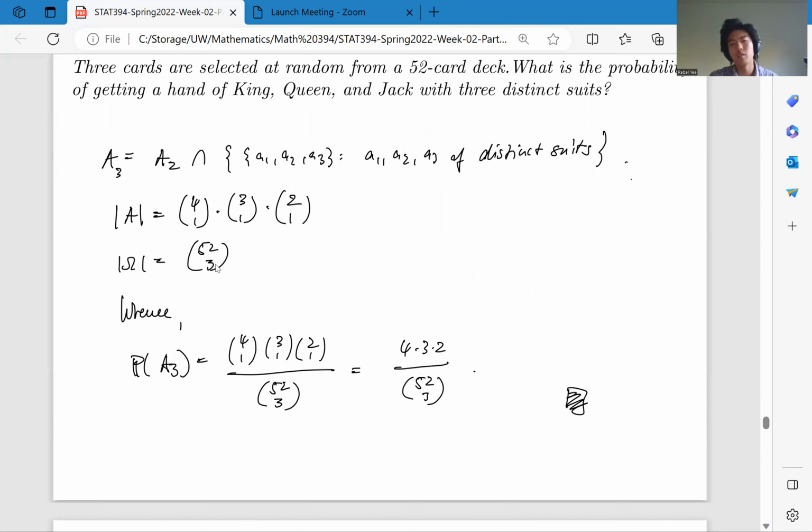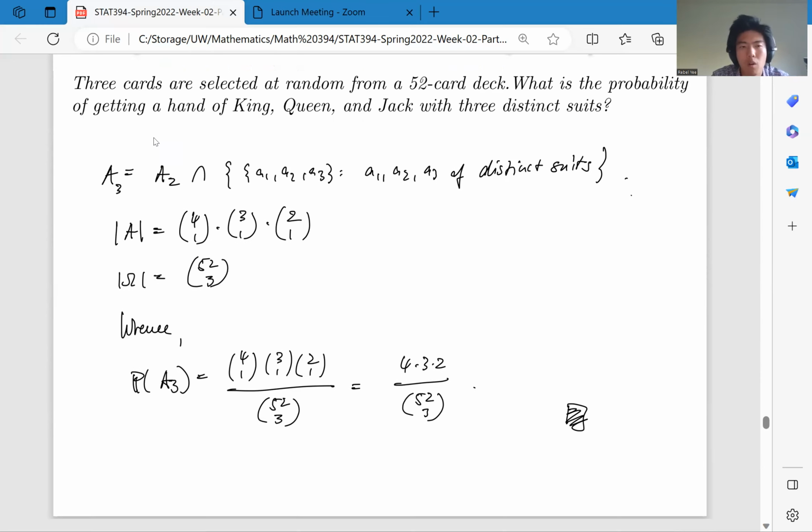But for the second card, it only has 3 choices and we choose 1, so it's 3 choose 1. And for the third card, we have 2 choices and we still need to choose 1, so it's 2 choose 1. So we multiply them out: 4 choose 1 times 3 choose 1 times 2 choose 1, which is 4 times 3 times 2, divided by the cardinality of the sample space, which is 52 choose 3, as we calculated before.